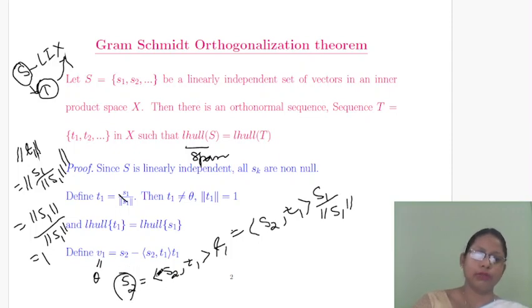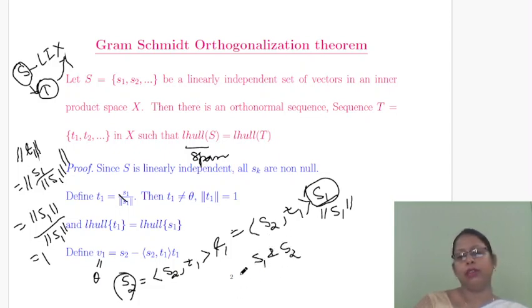Since S2 and S1 are scalar multiples of each other, S1 and S2 are not a linearly independent set, which is a contradiction because S1 and S2, being a subset of this linearly independent set, must be linearly independent.